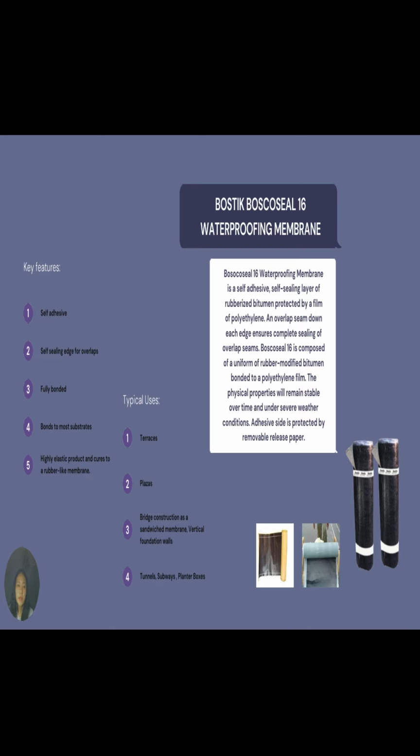Also, it claims that it is self-sealing, fully bonded to most substrates, and a highly elastic product that adheres to form a rubber-like membrane. It says that it can be used in terraces, plazas, bridge constructions, sandwich membrane, vertical foundation walls, tunnels, subways, and also in planter boxes.